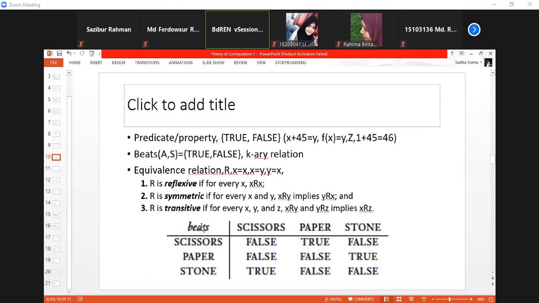So if the beats relationship is a binary relationship and we want to prove it in terms of these values, what is this? It is not that scissors beating scissors or paper beating scissors. If you see it that way, it is not proving the logic. If you take this portion first and this one second, then it will prove your logic, or the relationship.